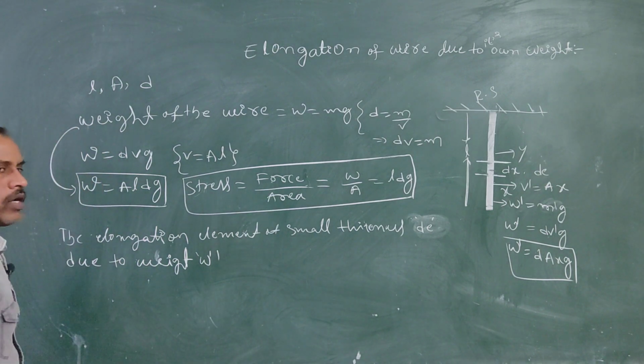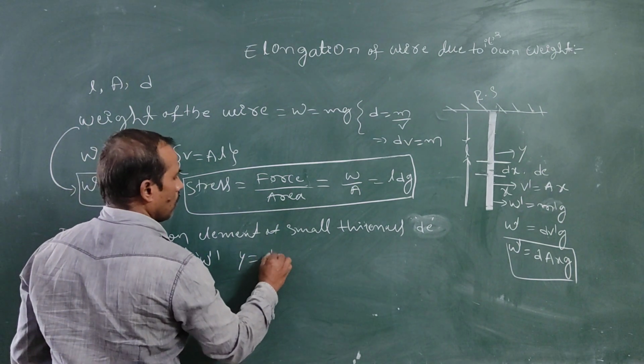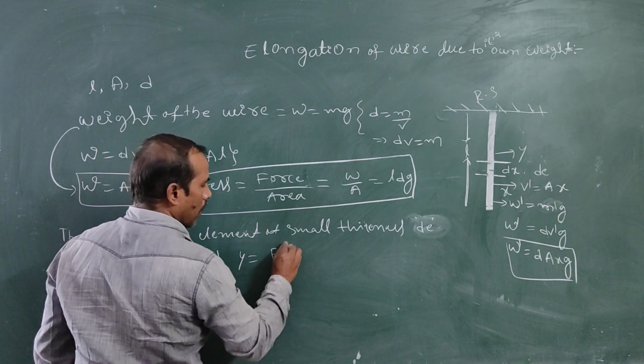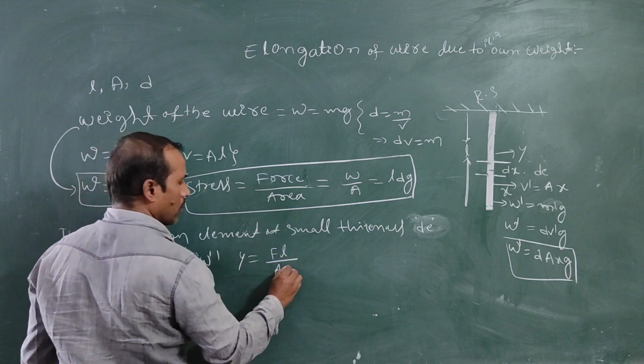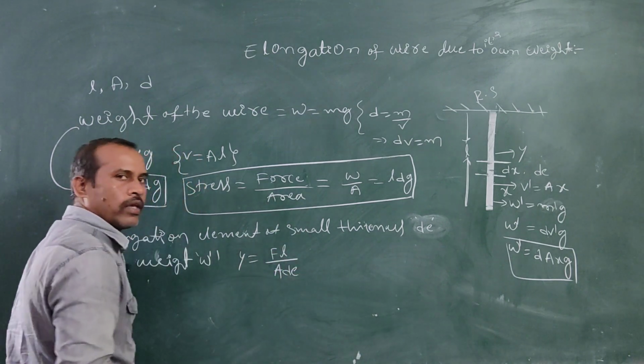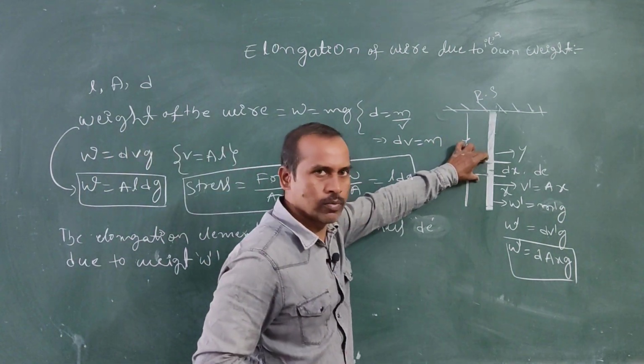According to Young's modulus, Y is equal to force by area of cross section into initial length by elongation. Here the elongation is dE, in the portion dx.